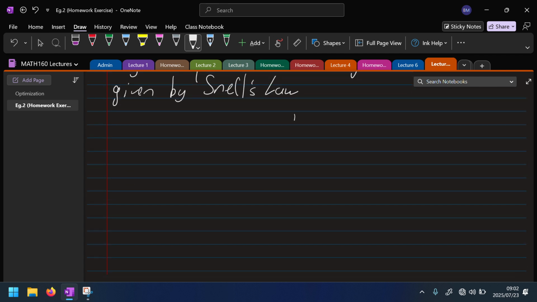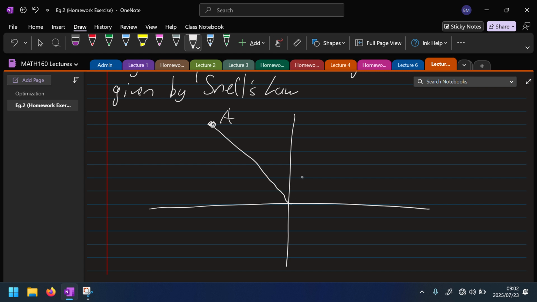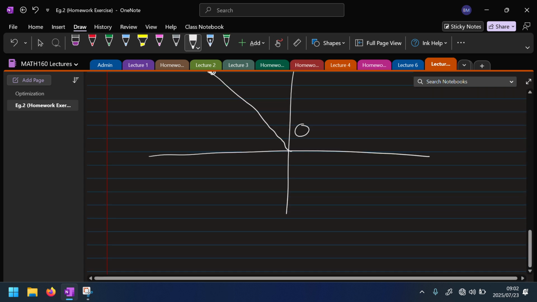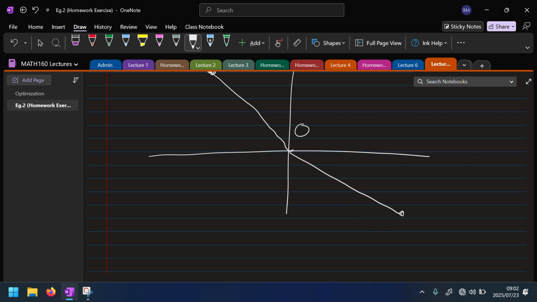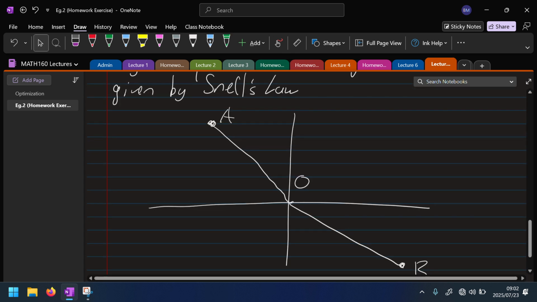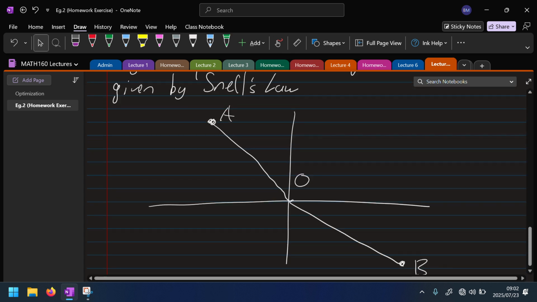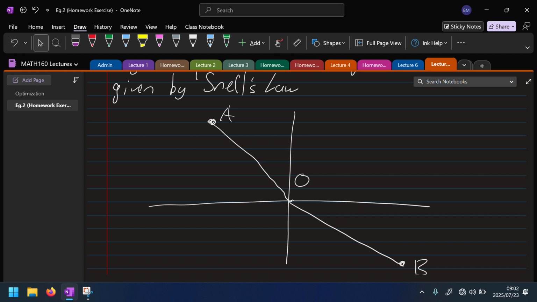Okay, so let's redraw that picture and then put in some labels. We're going from A to O, and then from O to B. What we want to do is work out the time taken to go from A to O and then O to B. Now we know the speed in both cases.